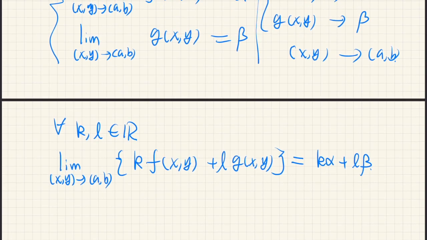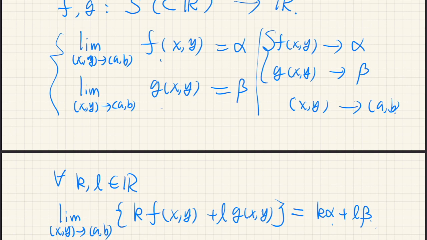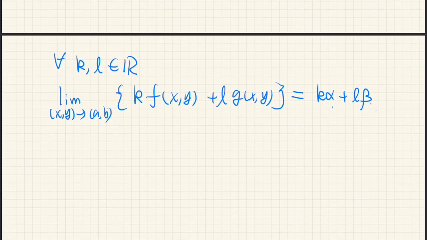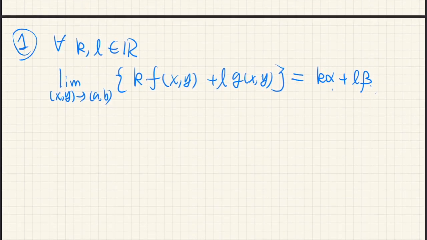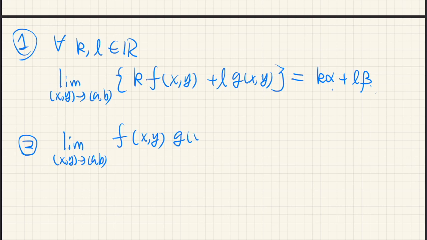Okay, and alpha and beta are the limits of f and g. So this is the first property. And the second property, the limit of the product of these two functions converges to the product of the limits.